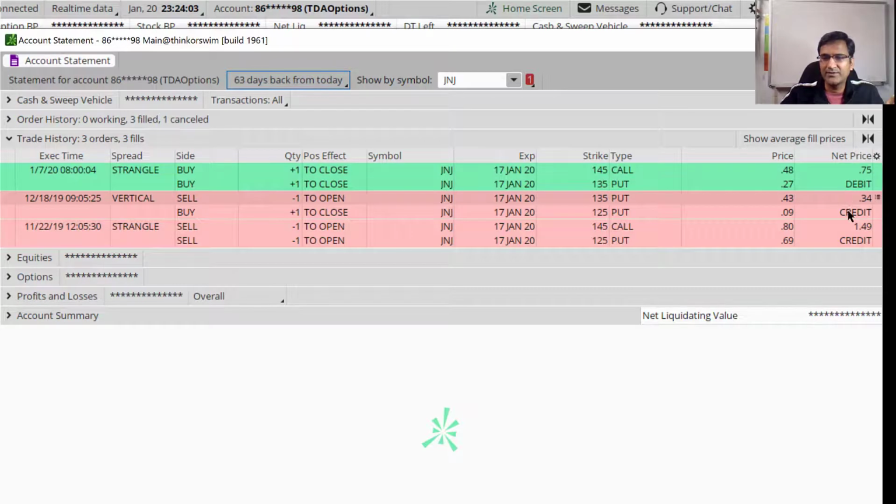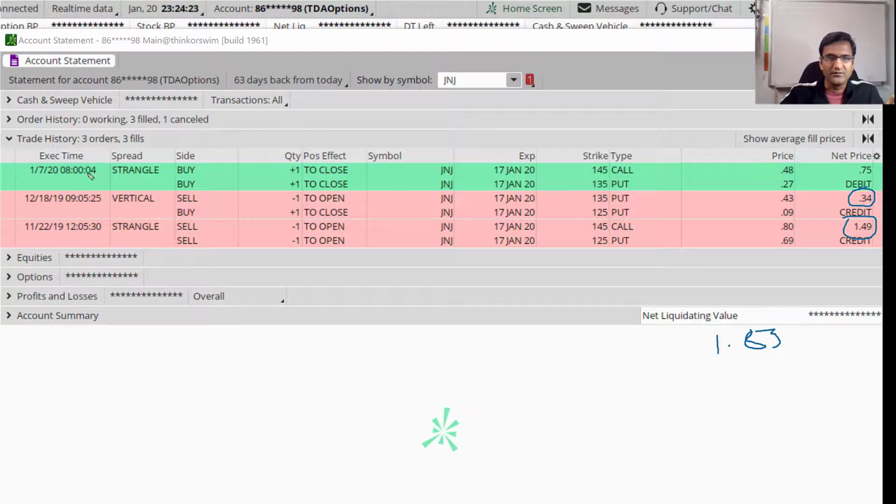The additional premium that we got was 34 cents. So net, if we total it up, the total premium that we received was $1.49 and 34 cents, which is $1.83.